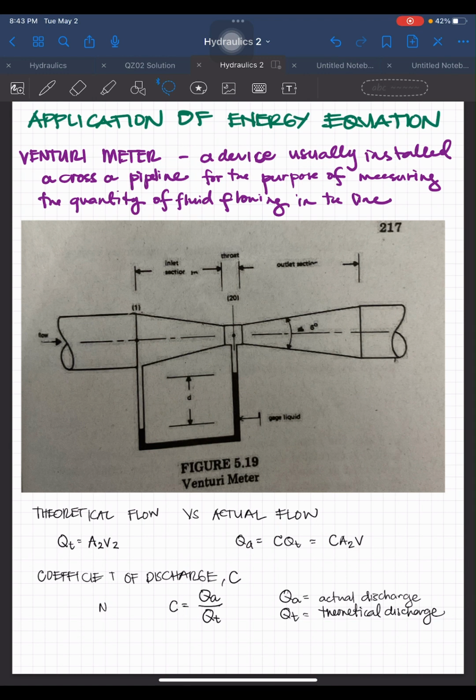To minimize the losses in the venturimeter, it is ideal that the angle of inclination of the sides of the converging and diverging portions be 6 degrees combined, so that the losses will be minimized.